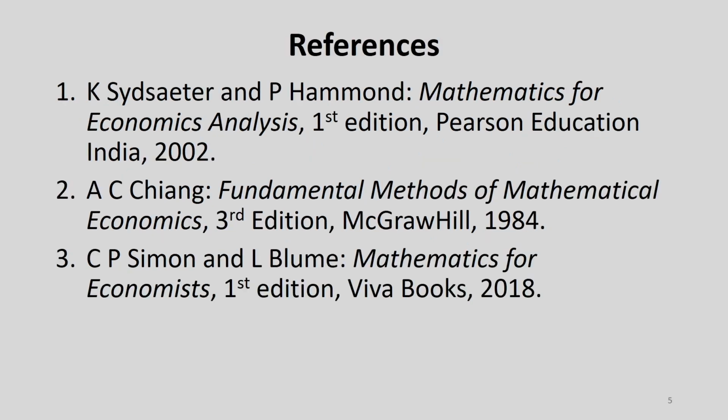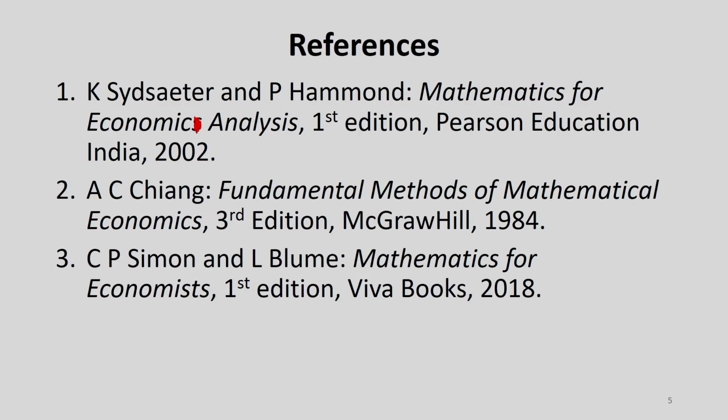Okay, these are the references, 3 books I have in my mind. The first one is Mathematics for Economic Analysis, first edition, Pearson Education, India 2002. This is going to be the standard sort of textbook that I shall go back to, but apart from that, you have Alpha C. Chiang, Fundamental Methods of Mathematical Economics, 1984.